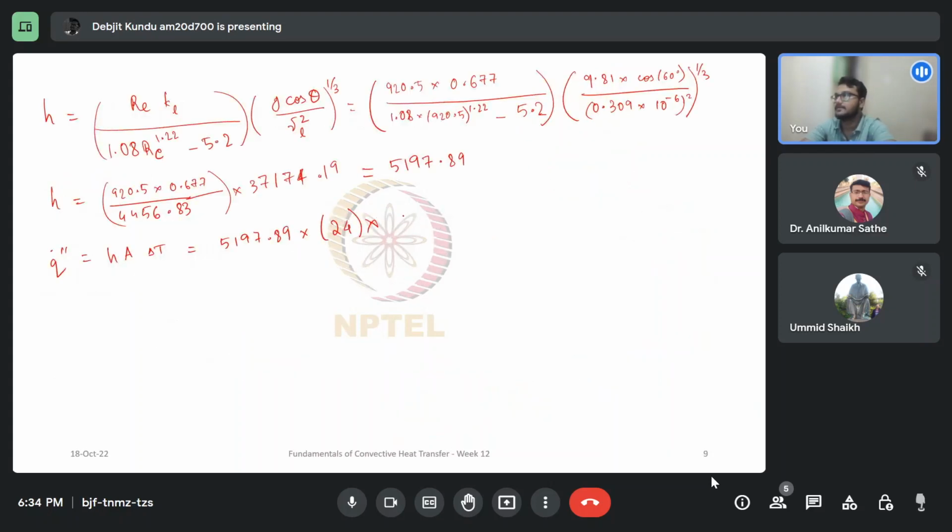So this temperature difference I'm writing down directly as 10. So if we do this, 240 multiplied by this value, 5197.89, this is something of this sort, 1.7 into 10 to the power 6 watts.